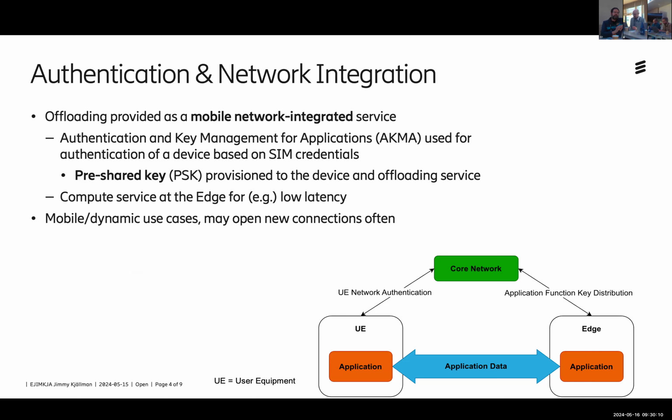And in the 3GPP standards for 5G, there is something called authentication and key management for applications, which means that the device is anyway authenticated to the network with SIM credentials, and then we can reuse these authentication mechanisms to provision a pre-shared key both on the device side, the user equipment in 3GPP terms, and this shared key also to the so-called application function at the edge side.